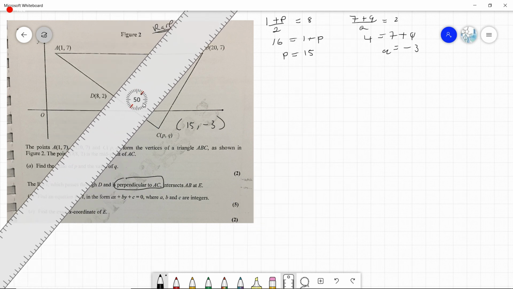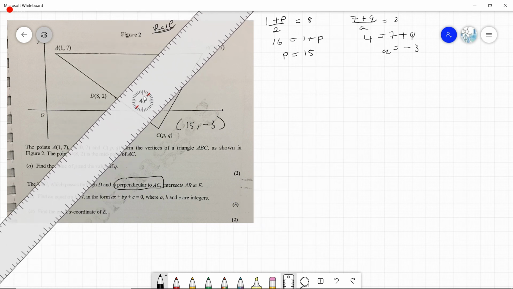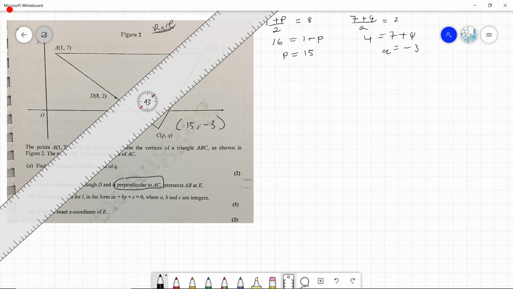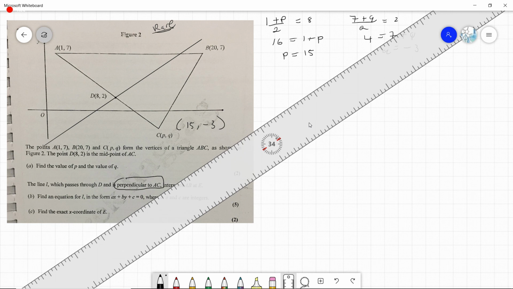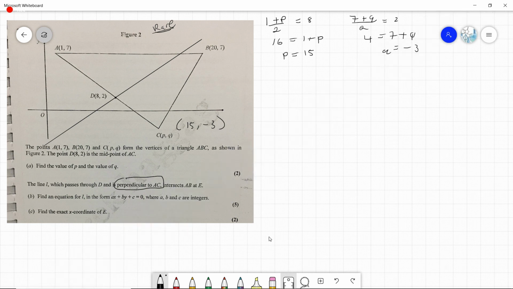So if I say this line's coming through like that, it's perpendicular to AC, passes through D, and also creates a new point E there.